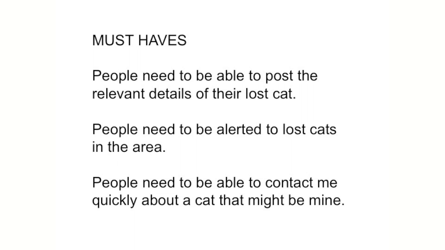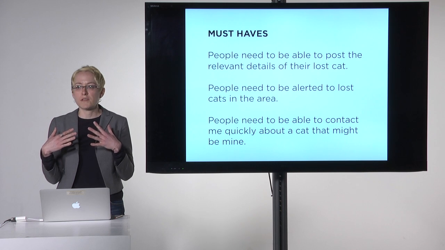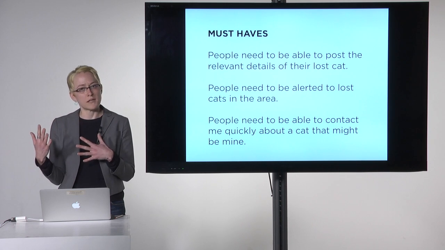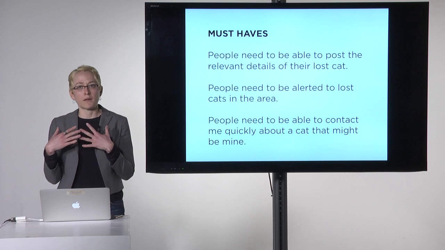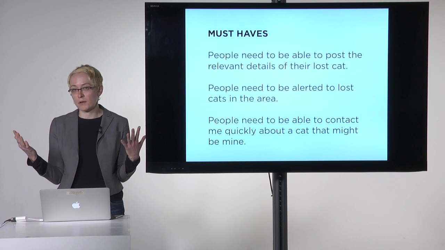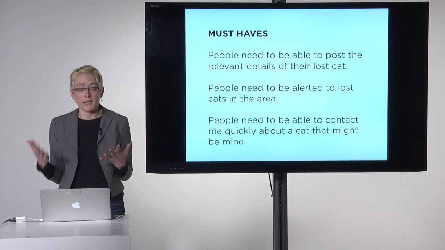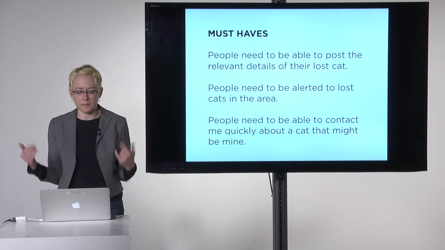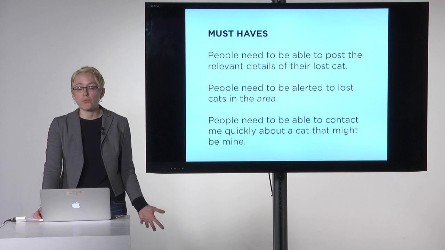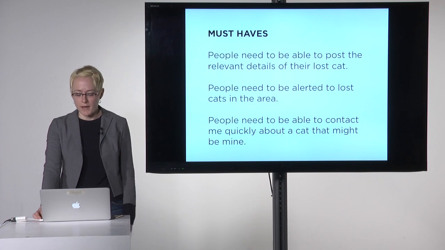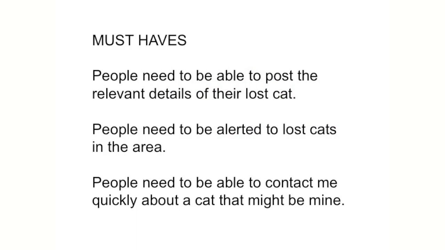So as part of Cat Finder, imagine that I've posted details about my cat, and I need all the other people, the Good Samaritans who've downloaded Cat Finder, to be alerted: Hey, my cat's lost. Start looking for it. So I need to create that alerting mechanism in the app. People also need to be able to contact me quickly about a cat that might be mine.